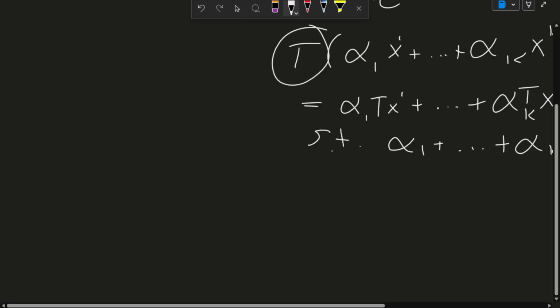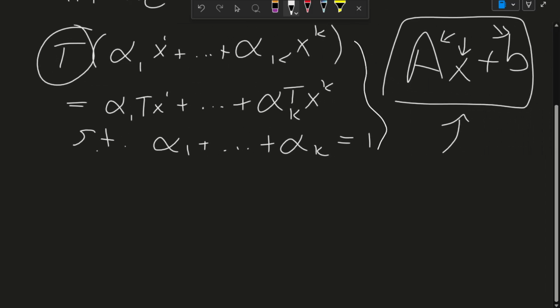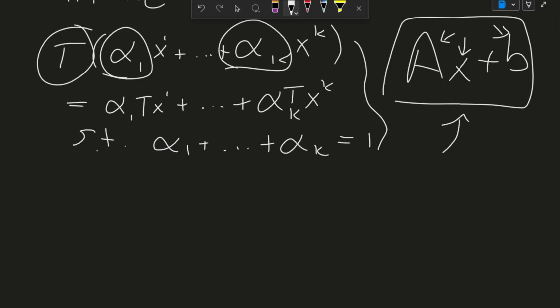So we will assume this set of conditions. To review, an affine combination is just a linear combination where all of the weights, all of the alphas, sum to 1. And that's an affine combination.